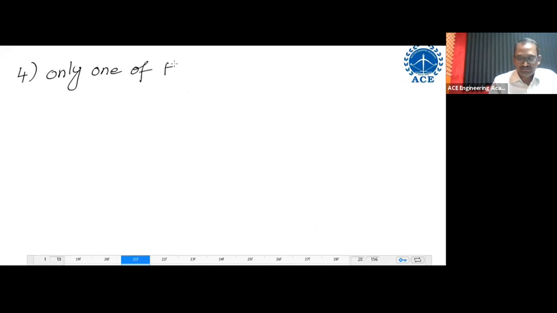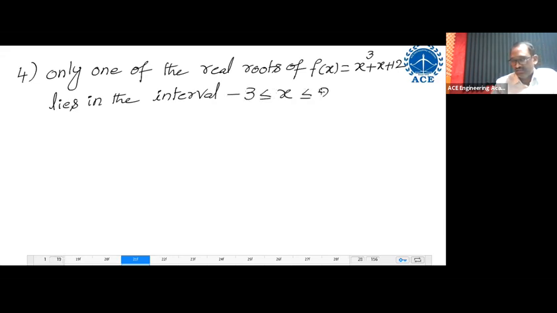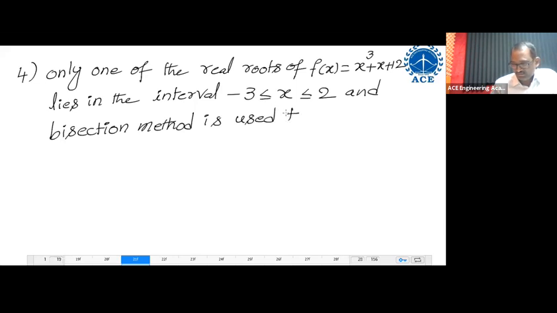Only one of the real roots of f of x is equal to x cube plus x plus 12 lies in the interval -3 less than or equal to x less than or equal to 2, and the bisection method is used to find its value.